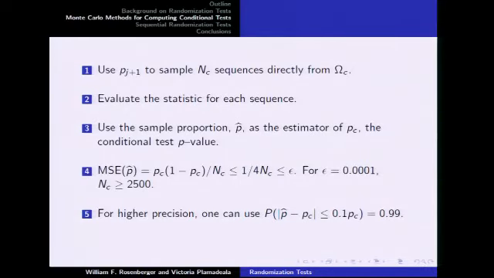You could take the probability that p hat minus pc is less than some percentage of pc and make that a high probability. For that one, you get 16,000 sequences. So basically, we've reduced the problem from 10 to the 12th down to generating a few thousand sequences.